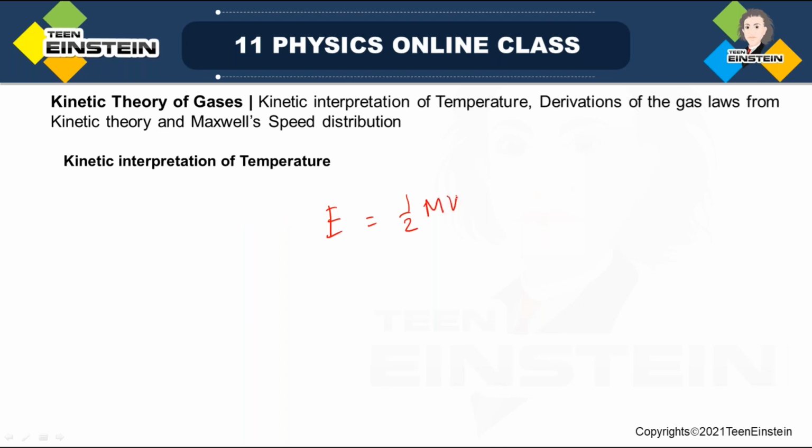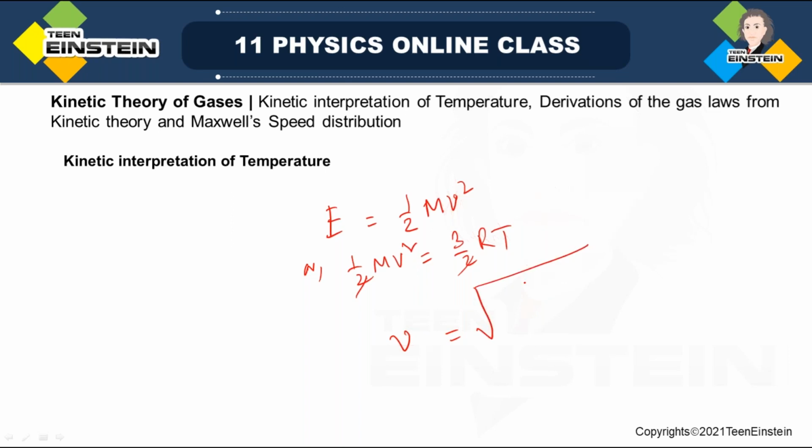Since E is 3 by 2 RT, we have seen that half capital M v square is equal to 3 by 2 RT. From here, the half goes, and you can find out the velocity.